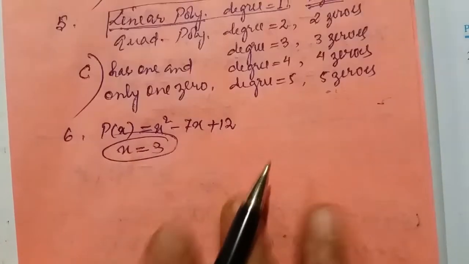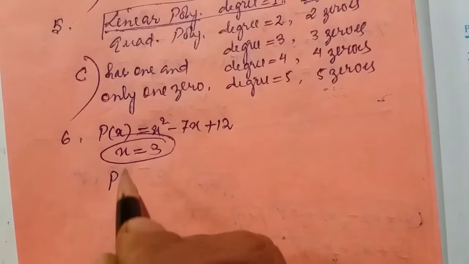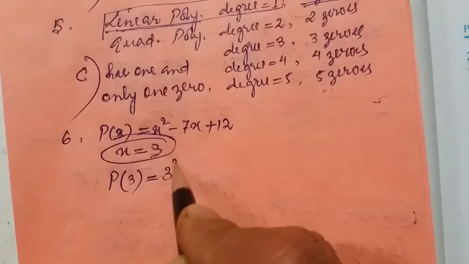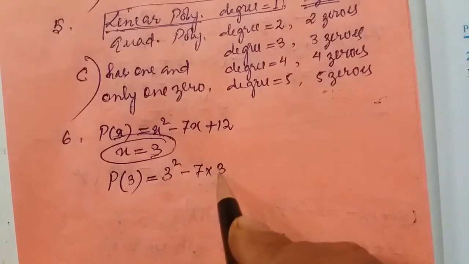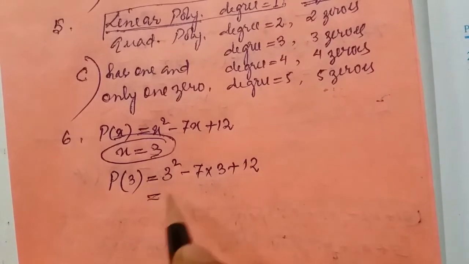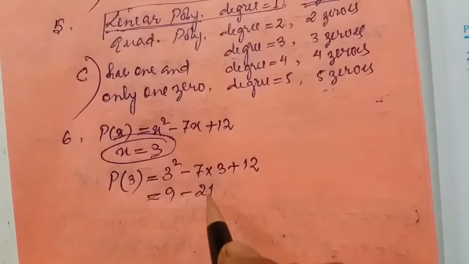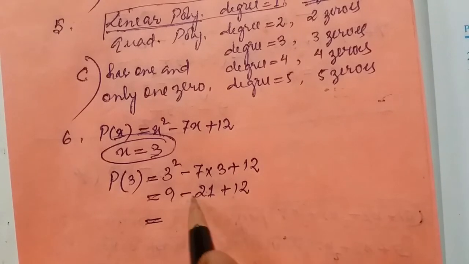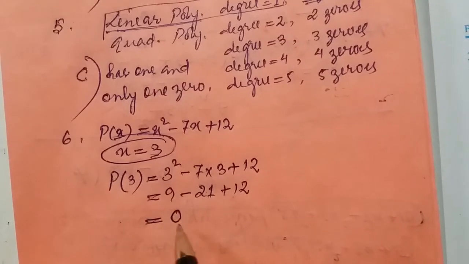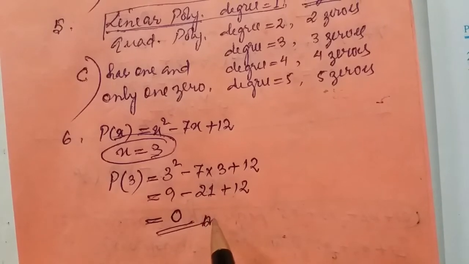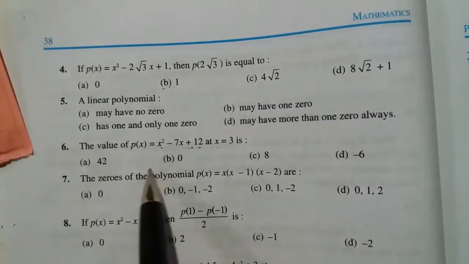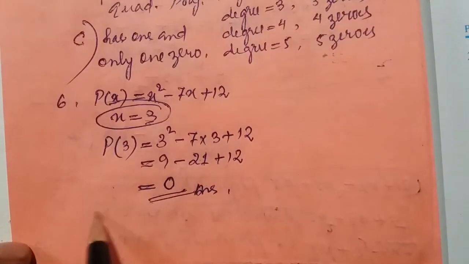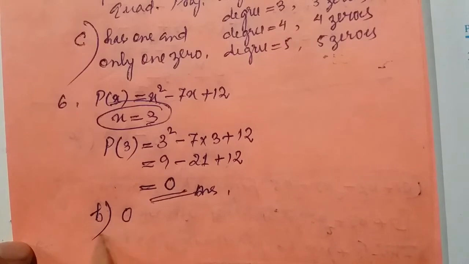In place of x we write 3, so 3 square minus 7 into 3 plus 12. Now this is 9 minus 7 3s are 21 plus 12. Now 9 plus 12 is 21, and 21 minus 21 is 0. So the value is 0. The correct answer is B, which is 0.